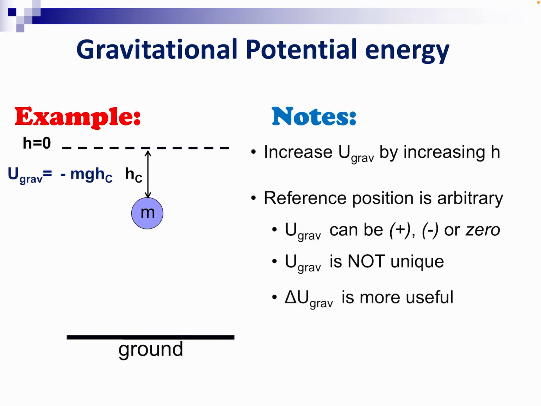And because gravitational potential energy itself is not unique, the change in gravitational potential energy will be the more useful quantity, right? It's delta U, the change in gravitational potential energy, that's useful instead of U itself.